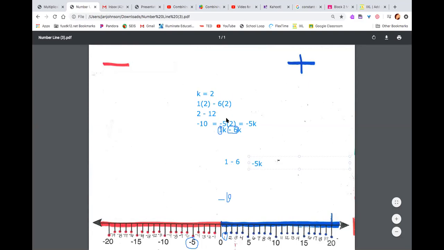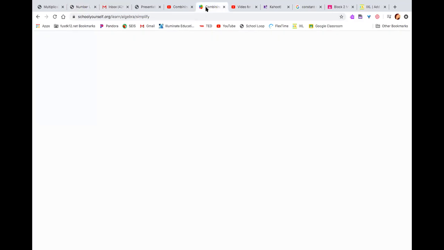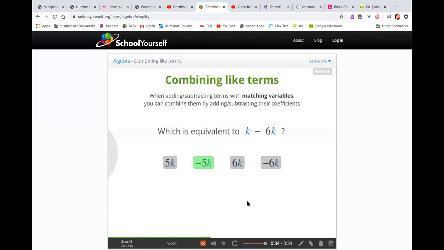So this longer way, I get negative 5k, and the shorter way, I get negative 5k. The shortcut way. So I'm going to keep using the shortcut way so we can get more familiar with it. I feel like even if it's more confusing now, in the long run, as things become more complicated, that'll be easier. All right, negative 5k.